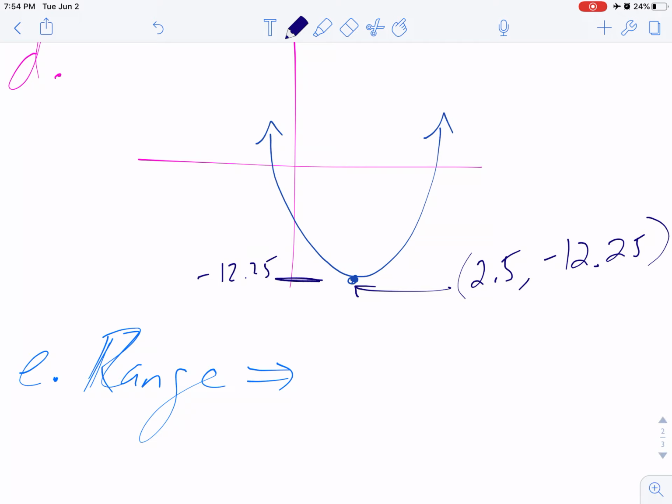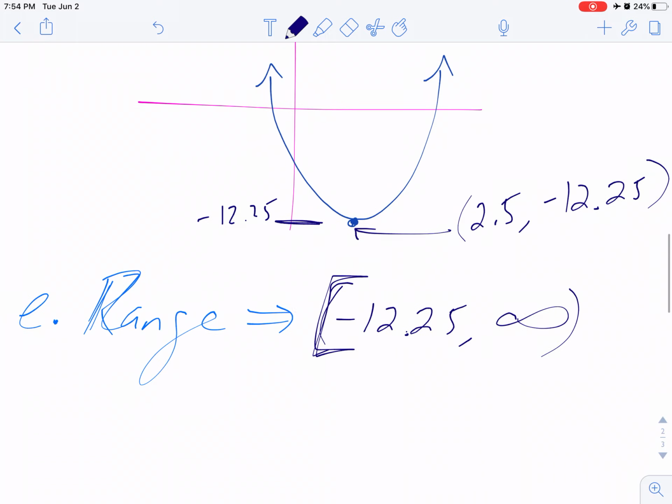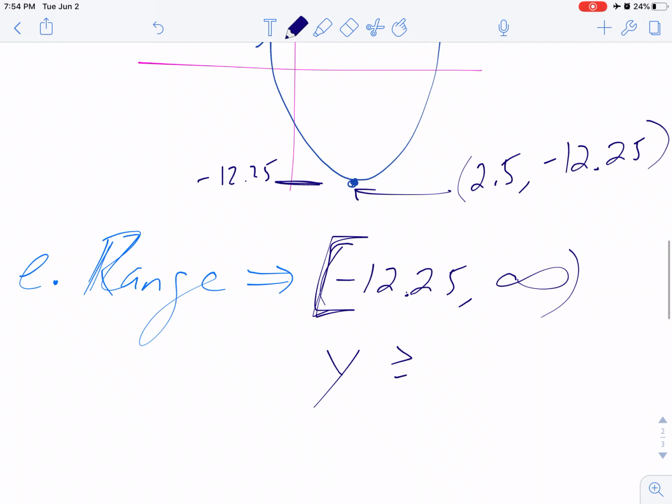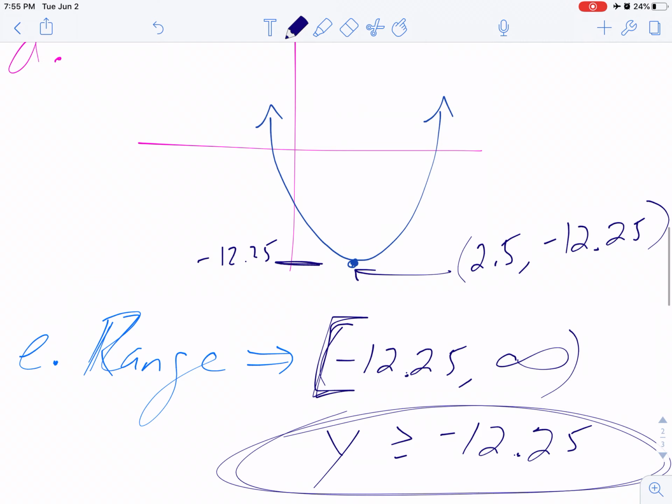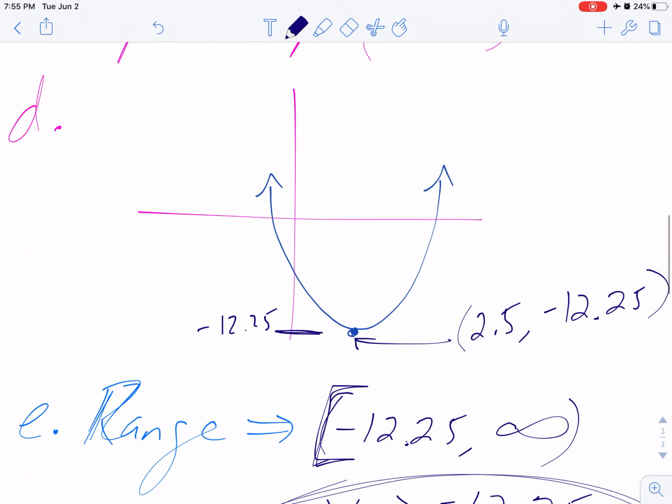So our range is going to be from negative 12.25 up to infinity, and we could close that with a bracket. Another way to say that is the range is greater than or equal to negative 12.25. But the range is just all of your y values that are being expressed with that function.